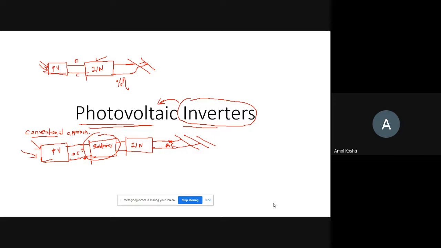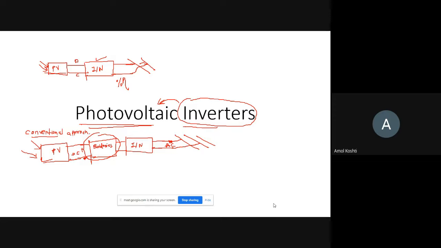Here, in the beginning, we understand that we are shifting from the conventional approach to another special approach. In that special approach, the battery system is eliminated, and also the transformer in the system is eliminated, and the PV system is connected directly to the grid through the inverter.